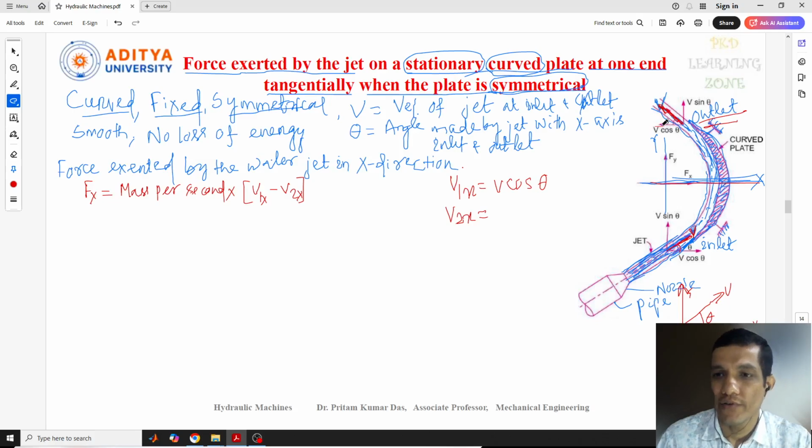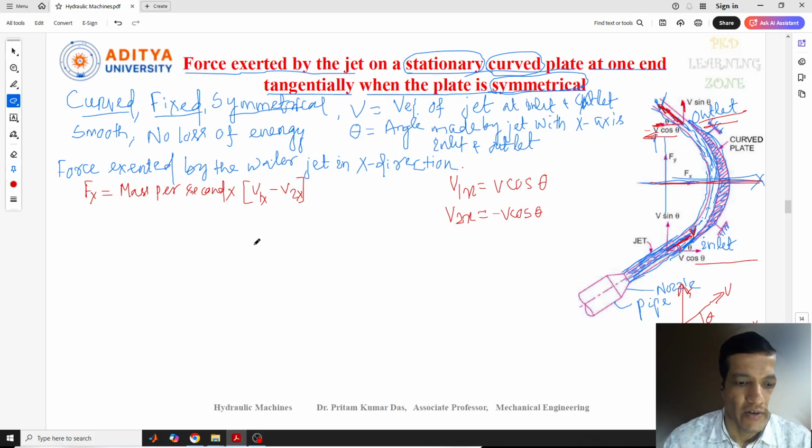We need to resolve this velocity into two components, x and y. Here we have taken the flow direction as the x direction, but the velocity coming out from here is in the reverse direction. So here we get v cos theta, but at the outlet we get minus v cos theta. So v2x, the final velocity in the x direction, is minus v cos theta.